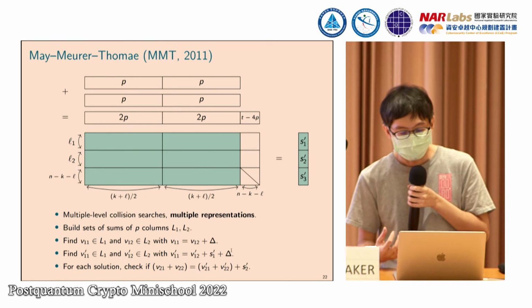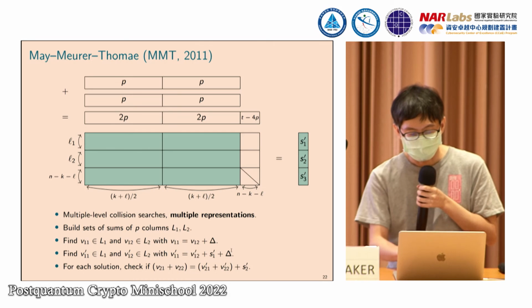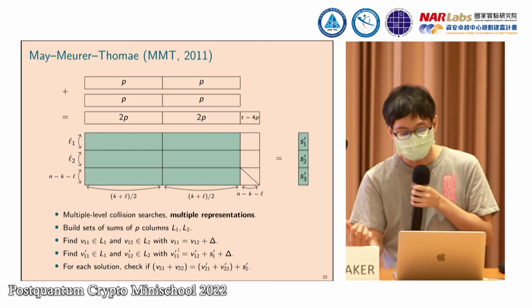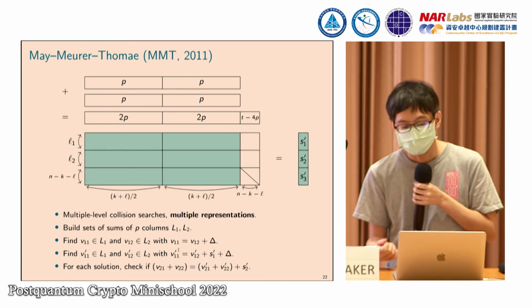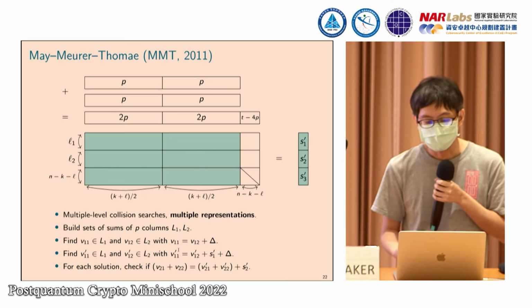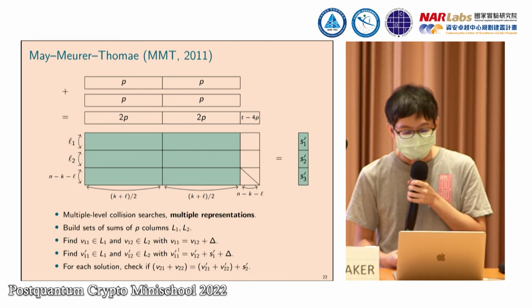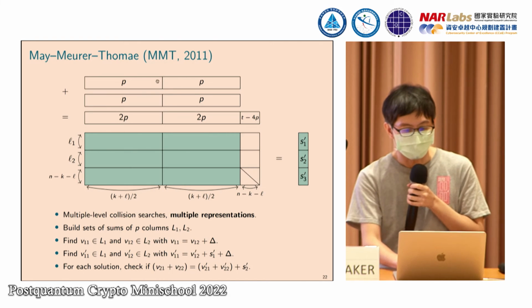The reason why we are doing this is quite obvious, because we want to find V11, V12, V11 prime, V12 prime such that V11 plus V12 plus V11 prime plus V12 prime equals S1 prime. So for this one we have one collision search, and for this one we have one collision search.